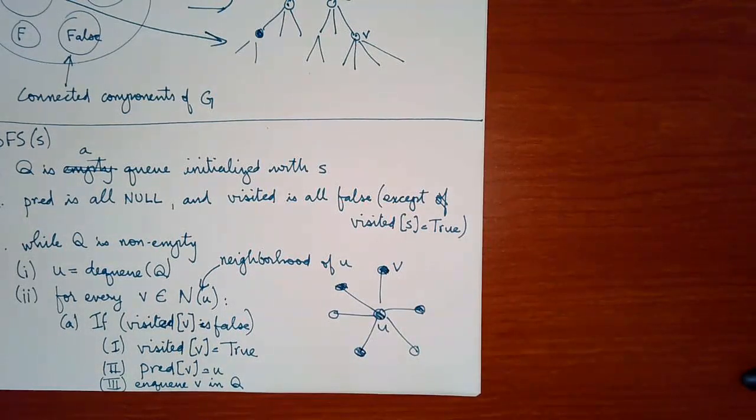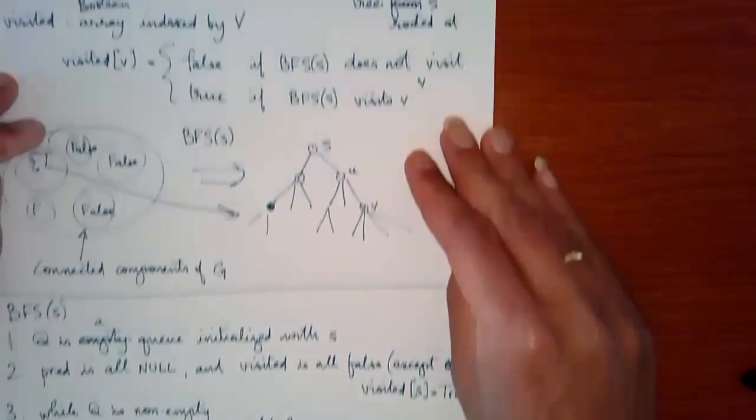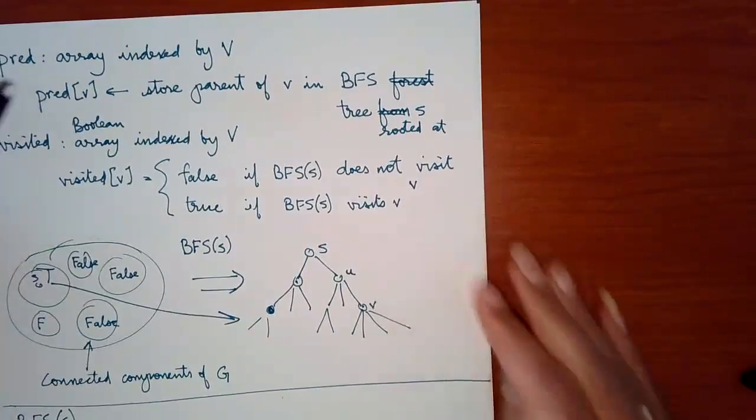Any questions about this? Professor, I had one question. Yes. In the event that a vertex has more than one predecessor, what happens then? Is a list of predecessors kept track of, or does it get overwritten? It cannot be more than one predecessor.